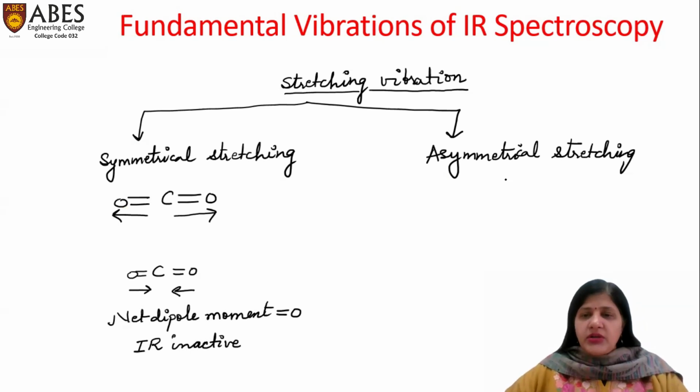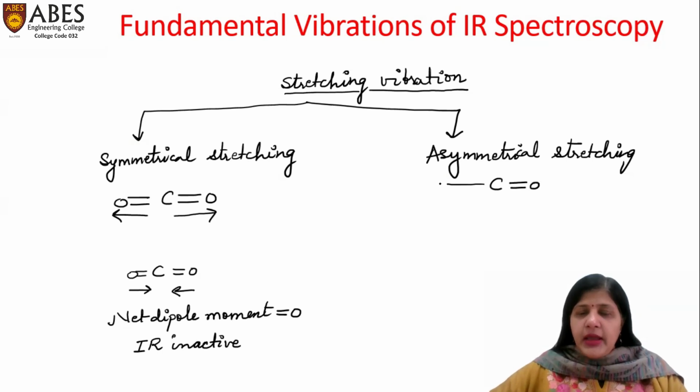If I talk about the asymmetrical stretching of carbon dioxide, one bond is expanding and the other bond is compressing. In this situation, the net dipole moment is non-zero because there is non-equivalent expansion and compression in the bonds. This is the asymmetrical vibration.